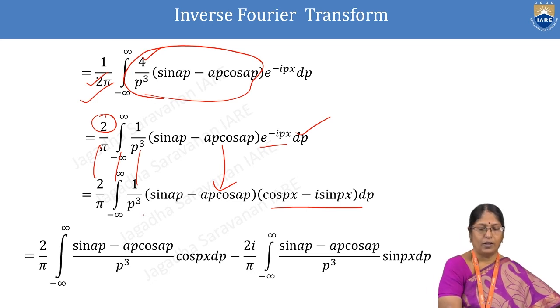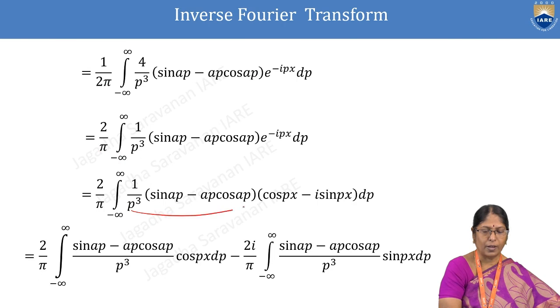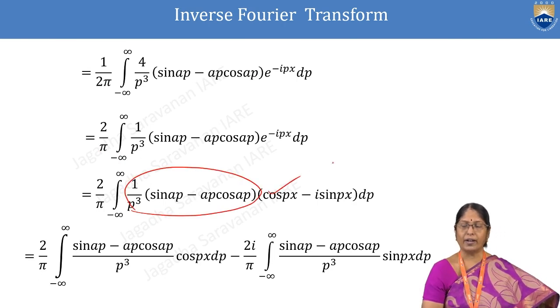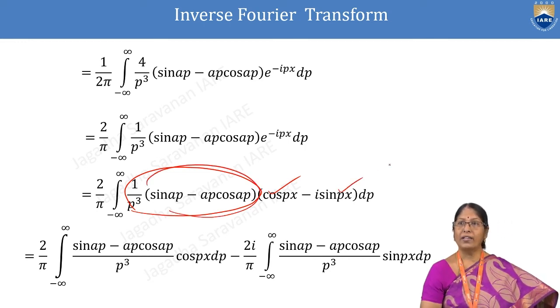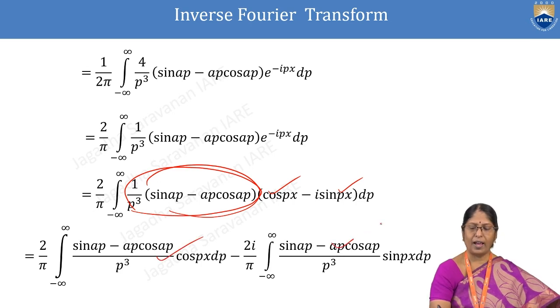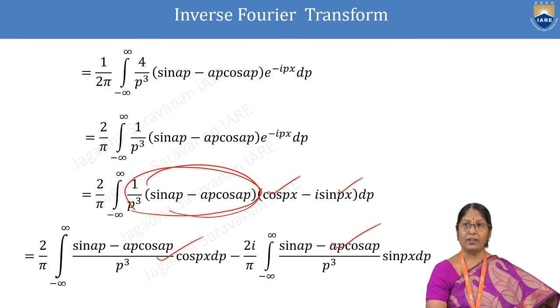Now this complete part into cos px is one integral, and this complete part into minus i sin px is one more integral. So it is divided into two integrals, the first integral and the second integral, integrating between minus infinity to infinity.